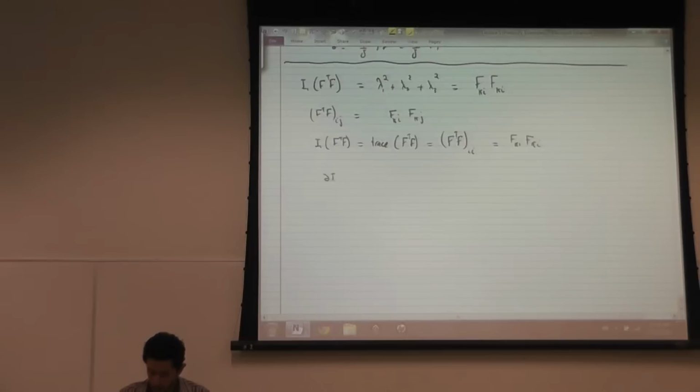Partial I1 by partial F, let's call it ML, is equal to the following: F_KI multiplied by partial F_KI by partial F_ML, twice.